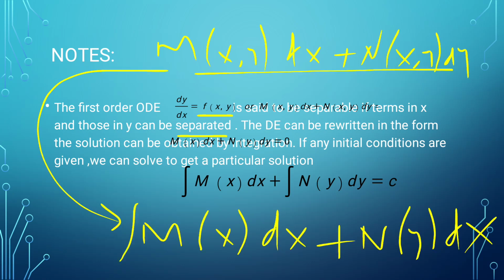So you basically need to integrate both sides. Then you'll be able to get the solution, and you'll have solved the separable ODE. If any initial conditions are given, we can solve to get a particular solution. Of course, otherwise you get this kind of general solution.